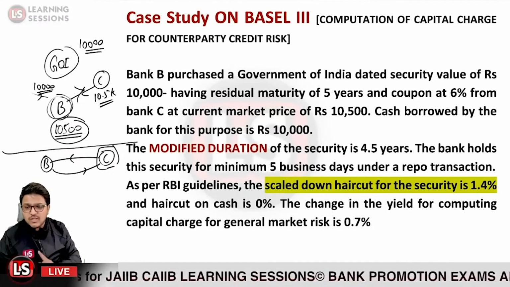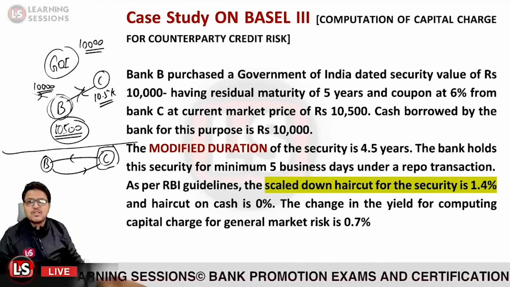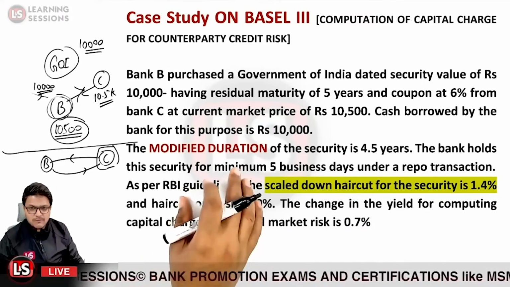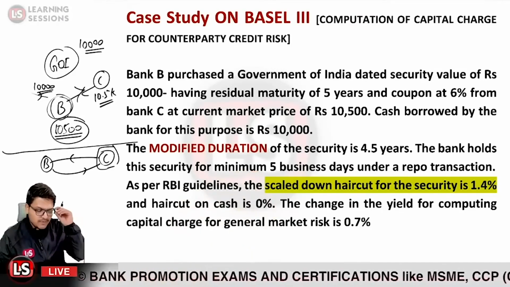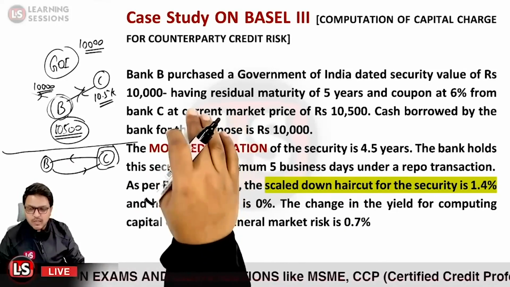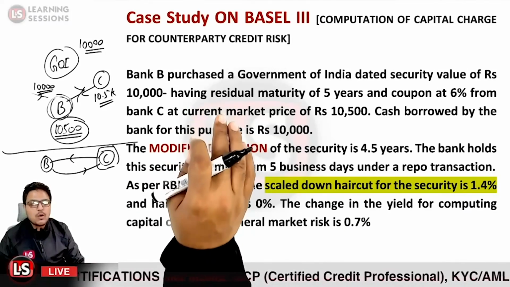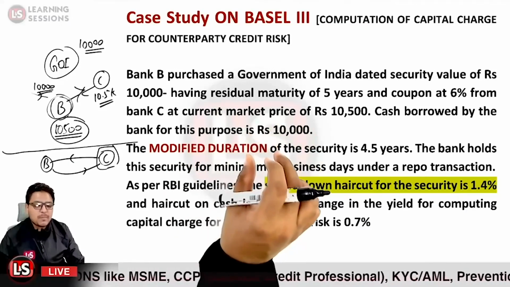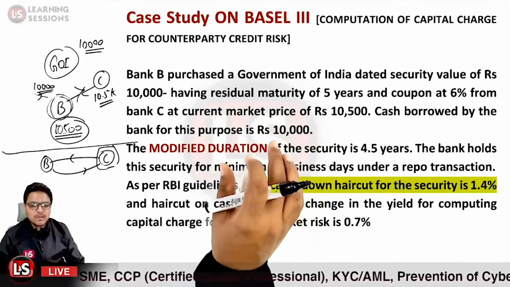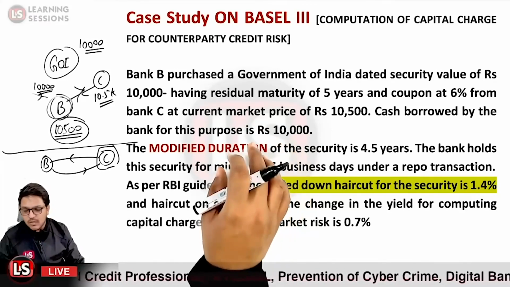One is on balance sheet, and the other is off balance sheet exposure. Now in this particular case, we are dealing with the bank security, which is related to the on balance sheet exposure. But this particular 10,000 rupees which have been borrowed over here is also on balance sheet exposure.